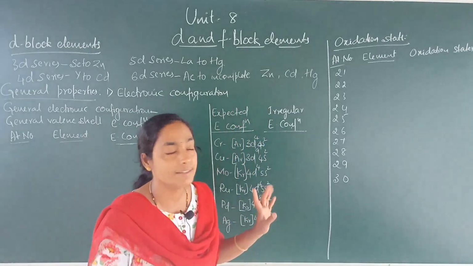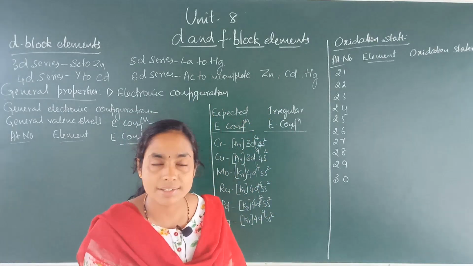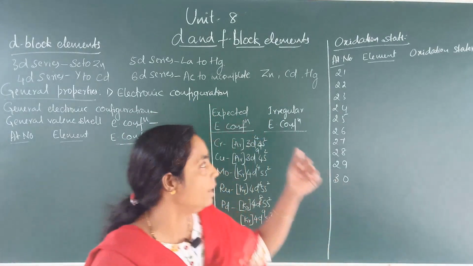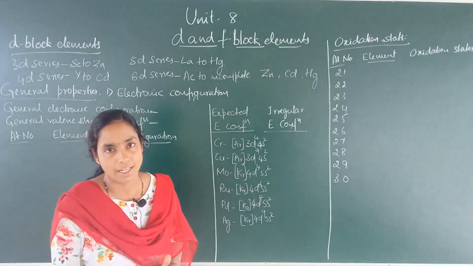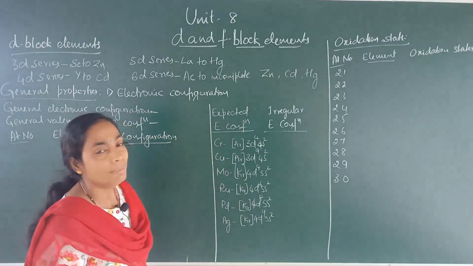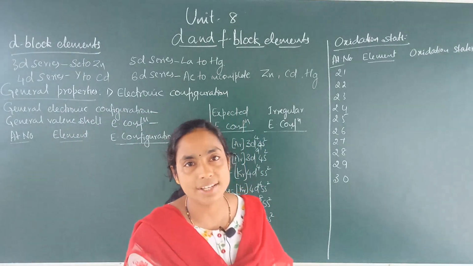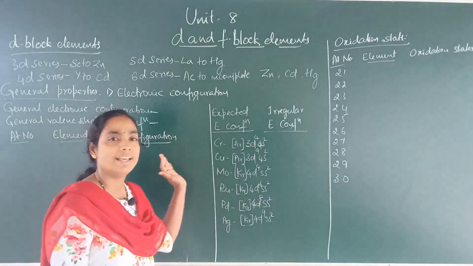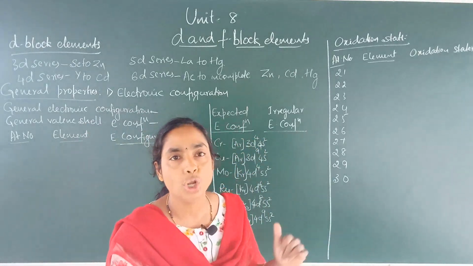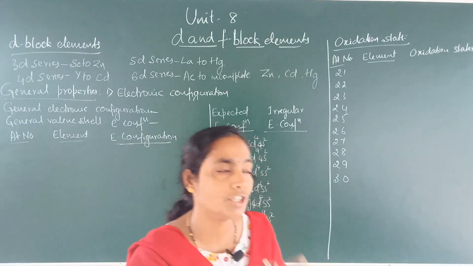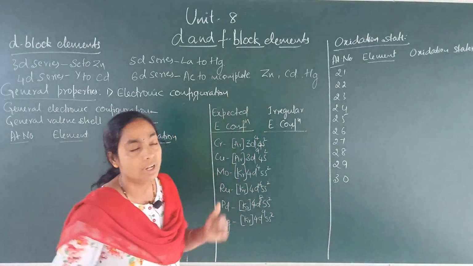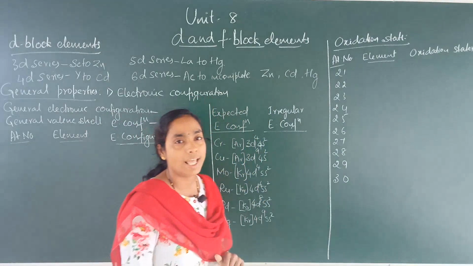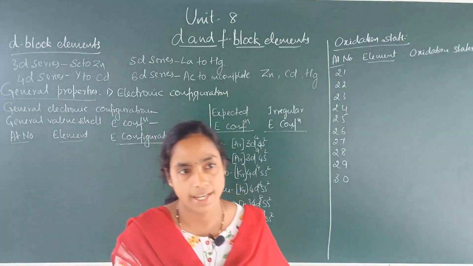Therefore, they are not considered as D block elements, but their chemistry is studied under the D block elements. These D block elements are also known as transition elements. This is because the metallic properties gradually change to non-metallic properties. Transition of property takes place, therefore they are also called transition elements.